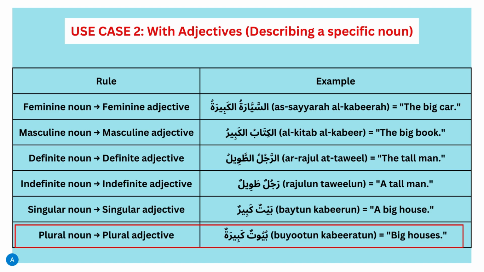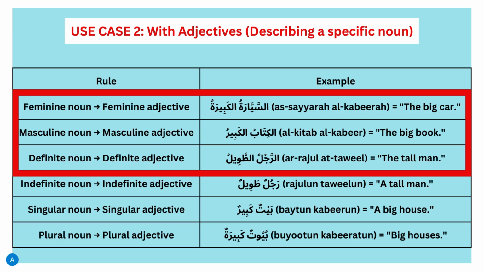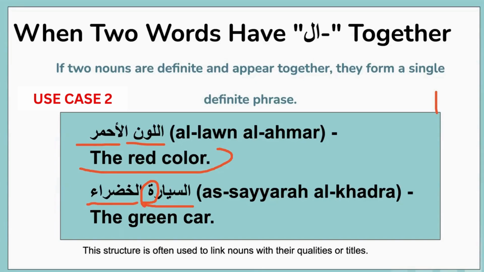Of course, we haven't seen the plural forms, but this is for your understanding that whenever we are forming two words together to make a single meaning, we should look at their agreement. And the first three forms are specific for understanding the usage of al in the second use case. Clear?